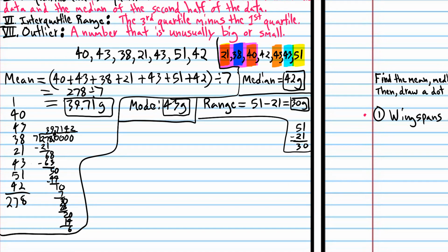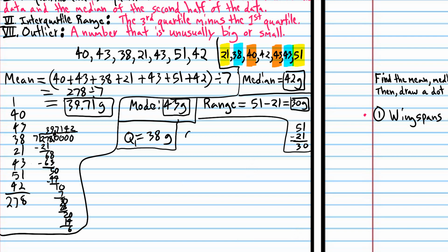So we're going to find the median of the first half of the data. Now remember, the median is just the middle number. When you order the numbers from least to greatest, the median is just 38. That's the middle of the first half of the data. So Q1 is 38 grams. We notate the first quartile as Q1.